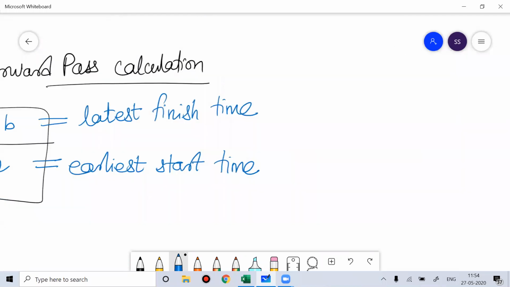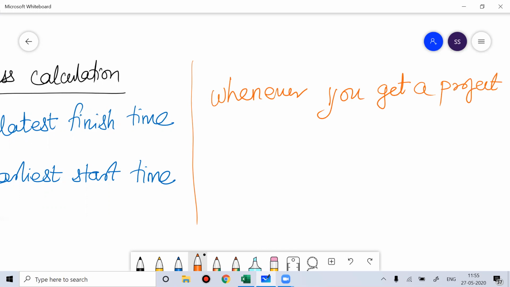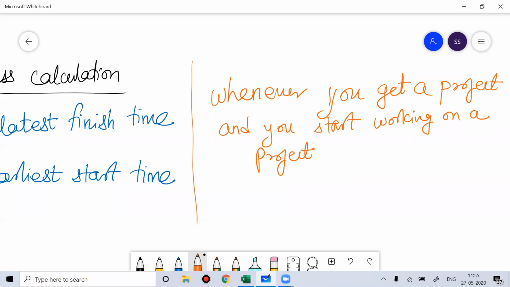Understand, whenever you get a project and you start working on it, you can define the project under certain terms. You should know a few terms.